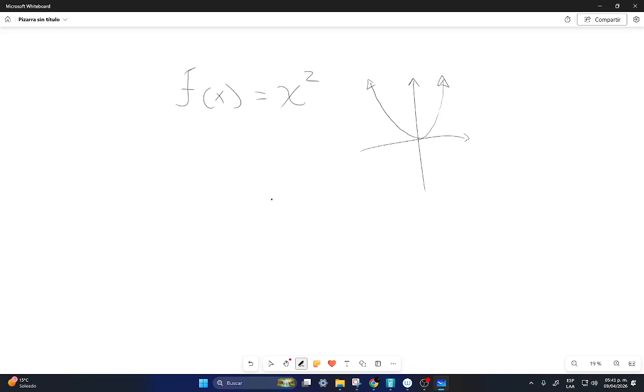Basically, we need to apply something called the power rule, which is the way of differentiating any polynomial function. We are going to discuss polynomials in more depth in a moment.